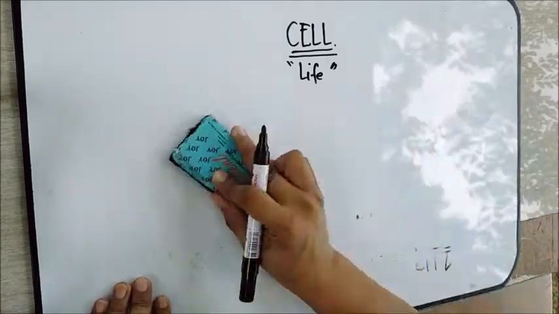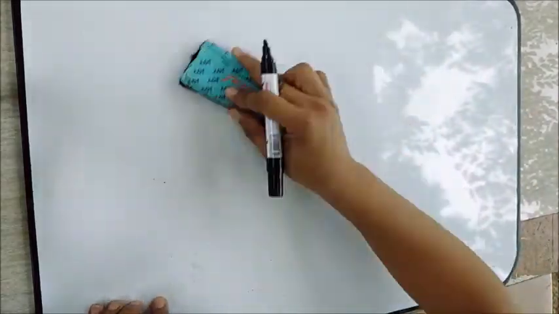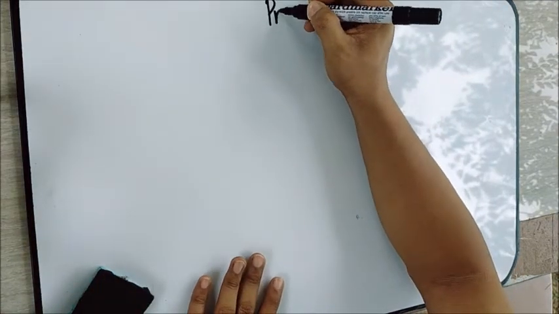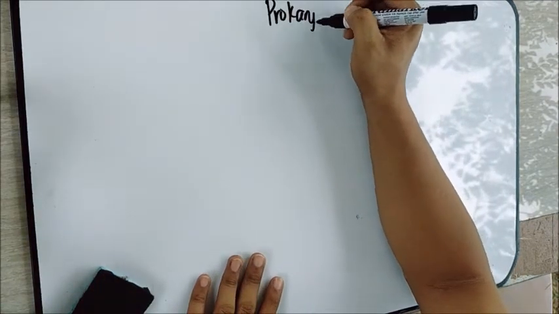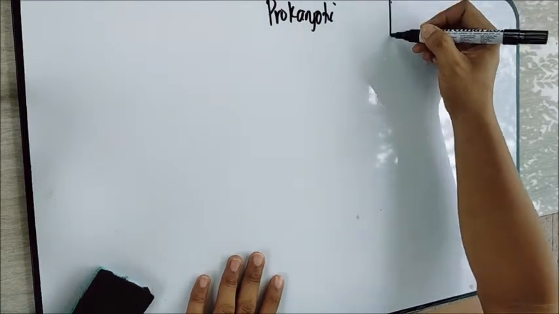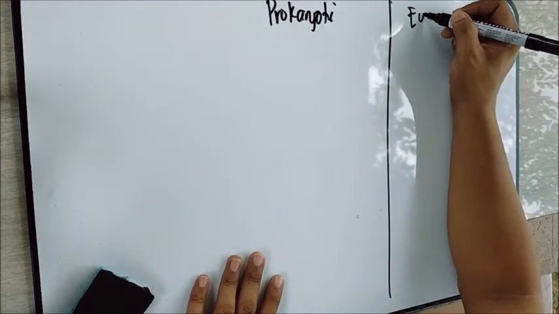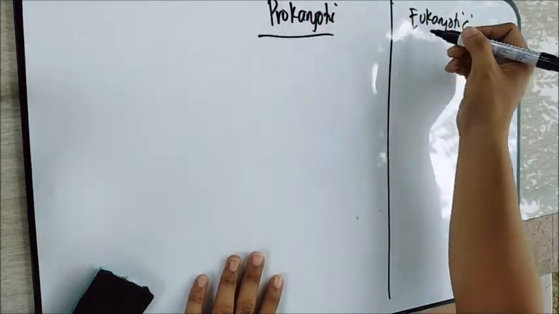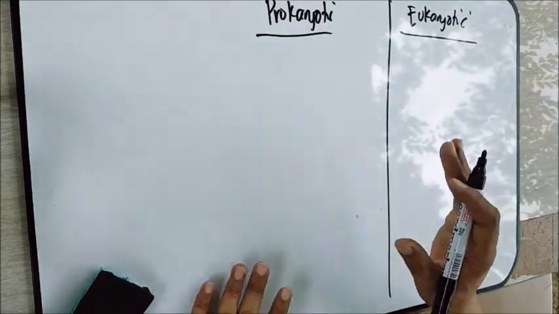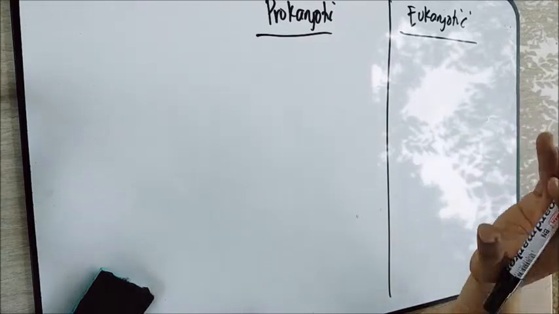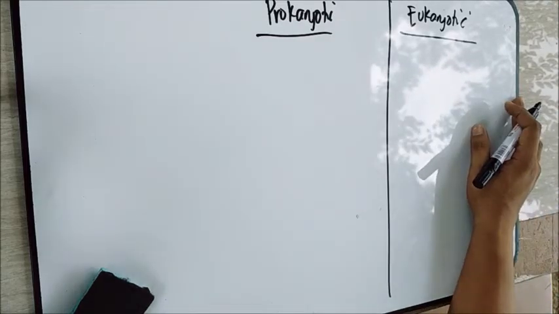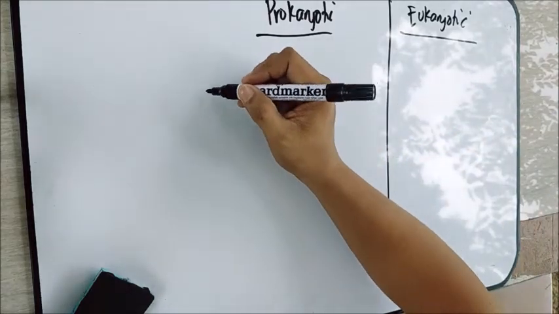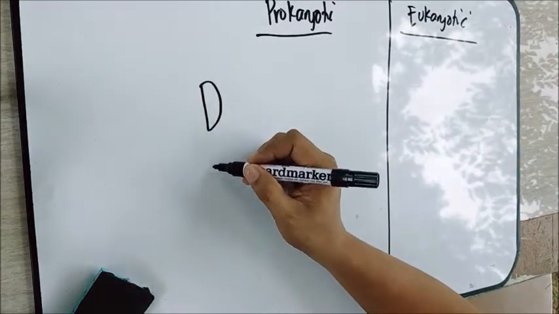So at this juncture, let's differentiate a prokaryotic cell and a eukaryotic cell. Now, for us to easily remember the difference between them, let's always remember Dora the Explorer.